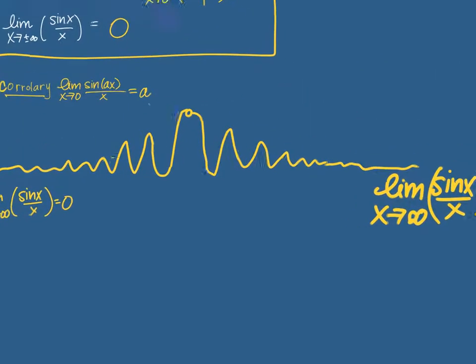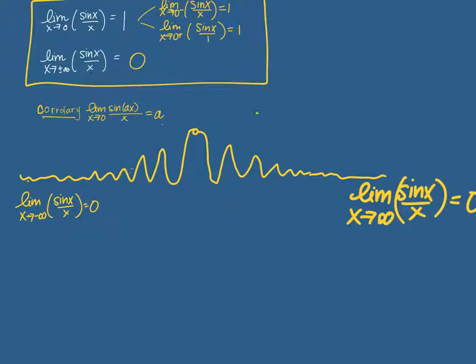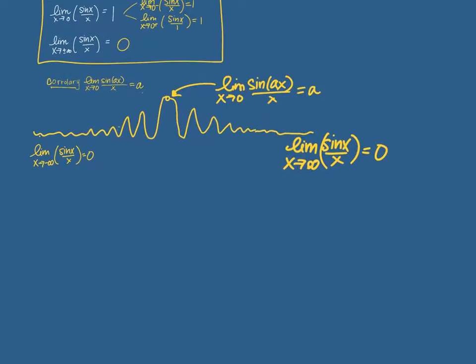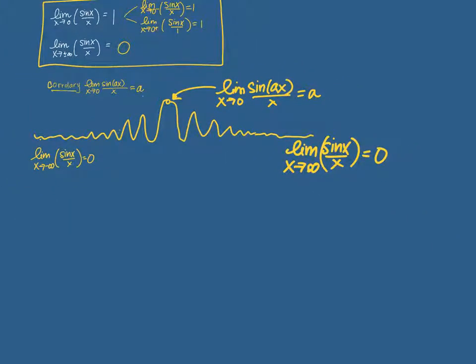And in the middle, right here, the limit as x approaches 0 of sine of ax, any amplitude a, will always be a. So those three limits, for you to have a good understanding of what that is, is going to help you then do some problems.